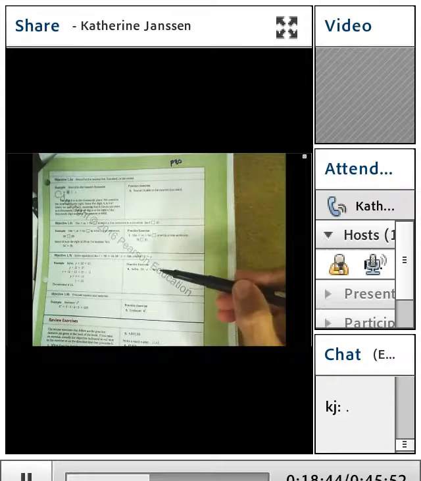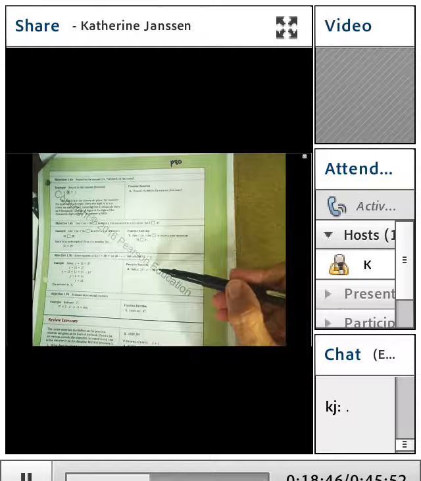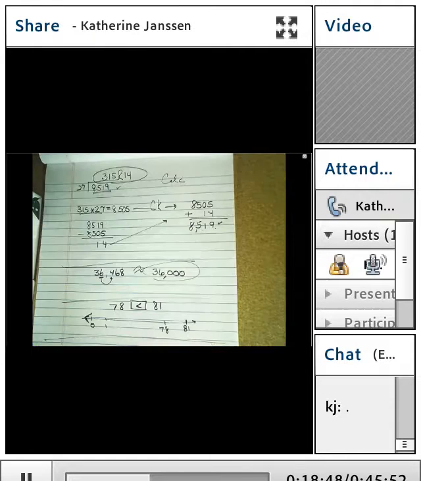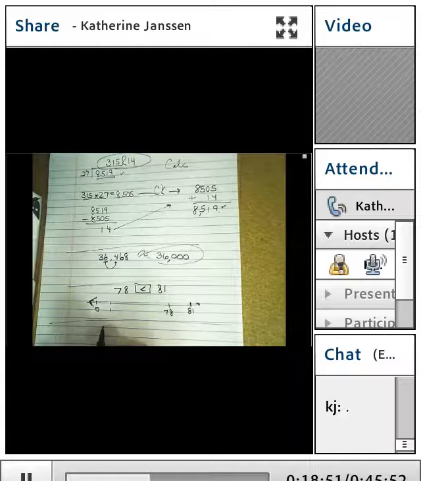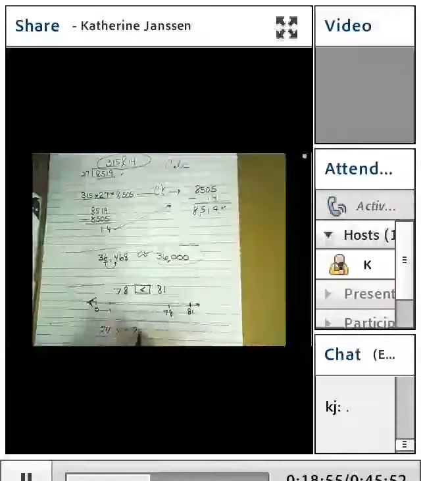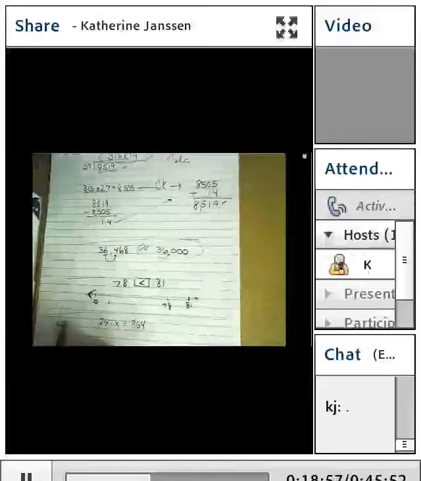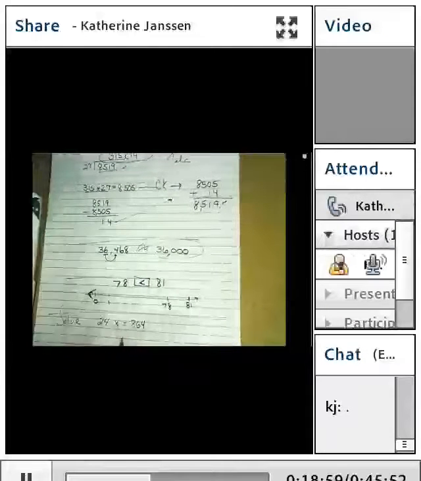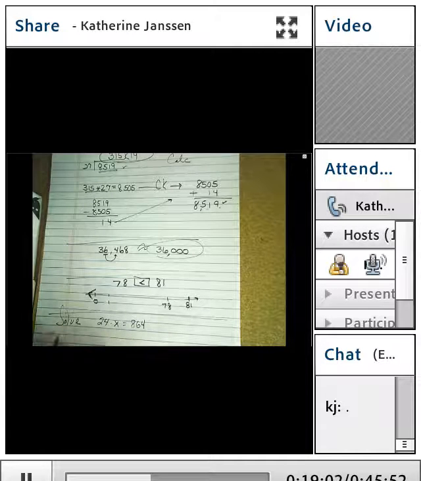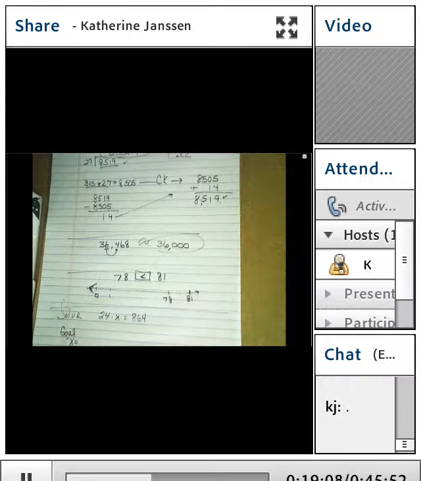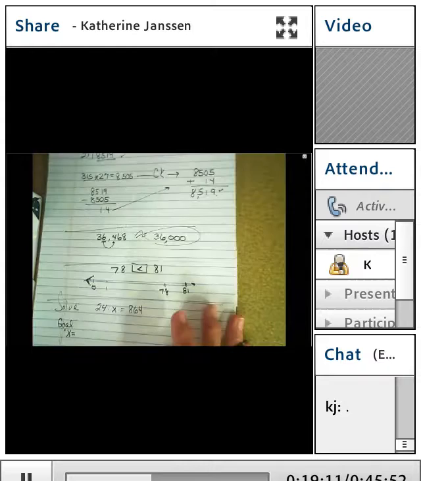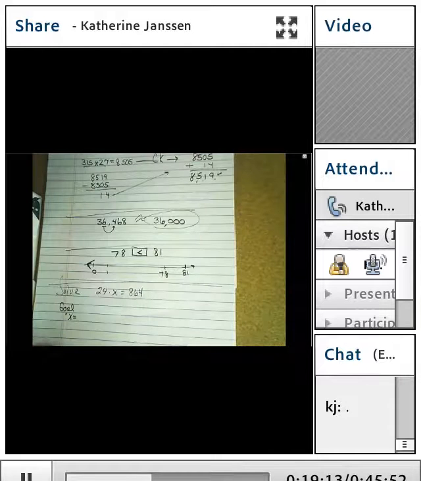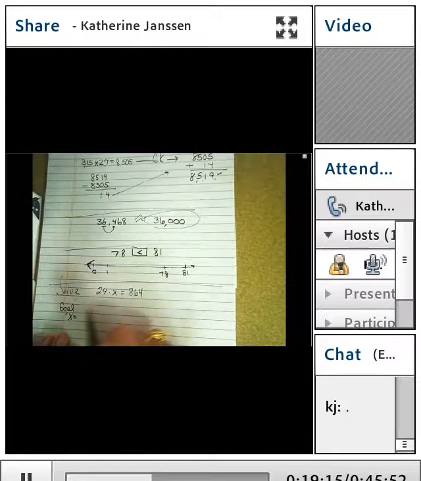We're asked to solve 24 times x equals 864. So now we have an equation, 24 times x equals 864. We're asked to solve, not much for directions, but we're going to be solving for the variable. In this case, our goal is x equals something. So we need to isolate x on one side of the equal sign by itself.